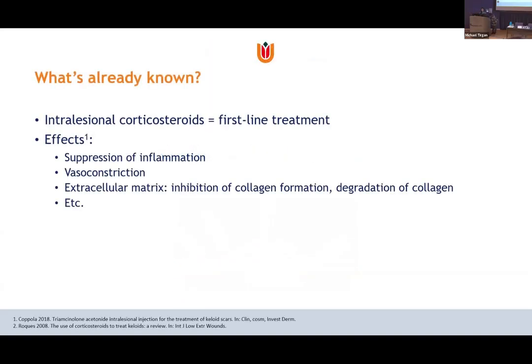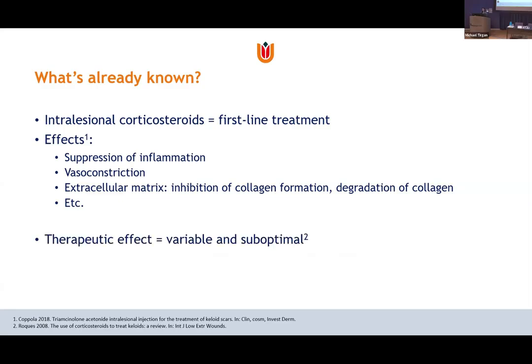So first of all, what's already known? Intralesional corticosteroids are considered first-line keloid treatment, used very frequently, and this has already been so for decades. Corticosteroids have different effects, including suppression of inflammation, vasoconstriction, and effects on the extracellular matrix, such as inhibition of collagen formation and degradation of collagen.